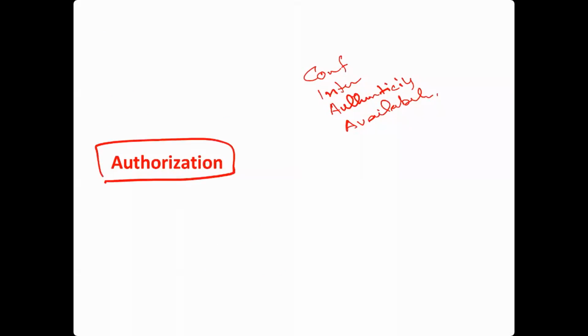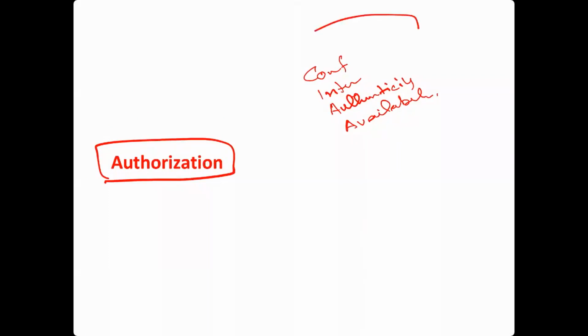So all right, what we have covered now: confidentiality, integrity, authenticity, and also availability in very brief, right? Next is authorization.